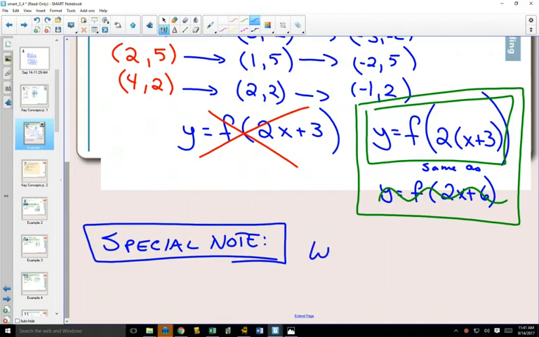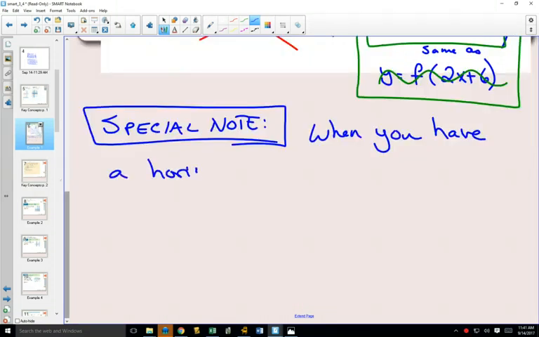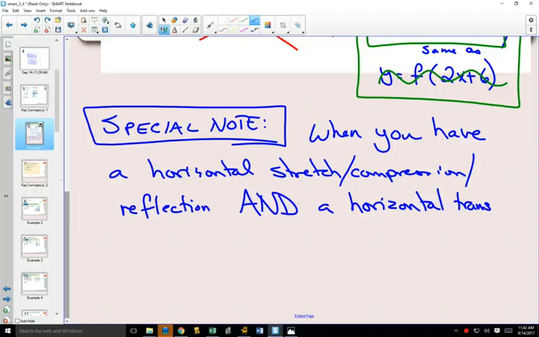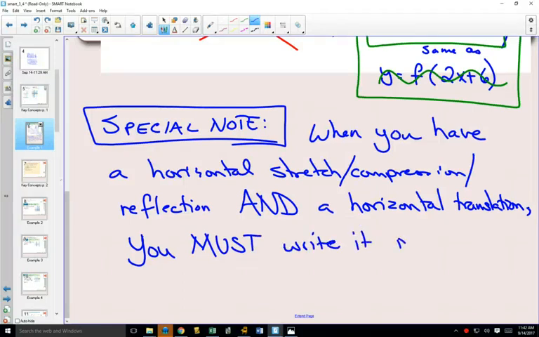So when you have a horizontal stretch or compression or reflection and a horizontal translation, you must write it in factored form.